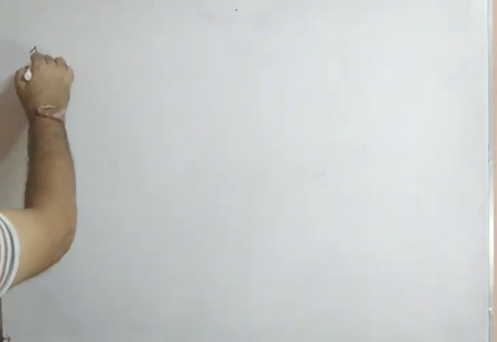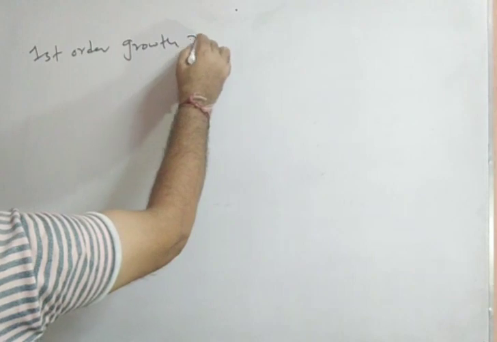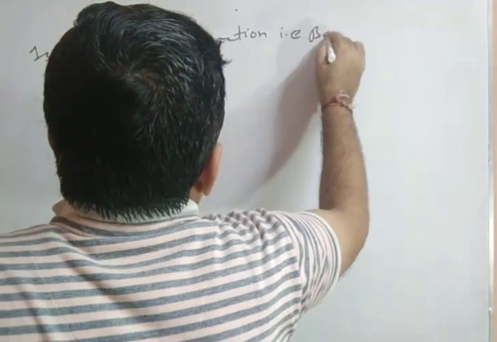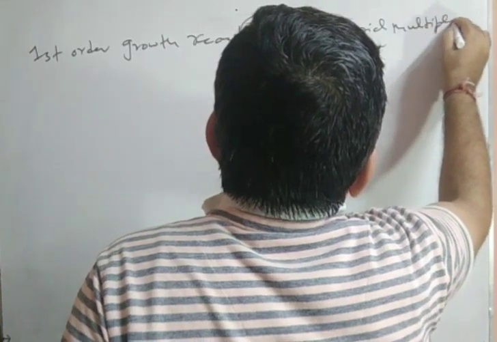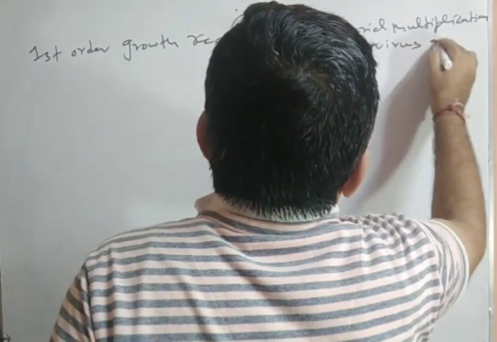Bacterial multiplication, virus growth, or population growth always increases after time t. Such concept is based upon first order kinetics. So we can write first order growth reaction, that is bacterial multiplication or virus growth.